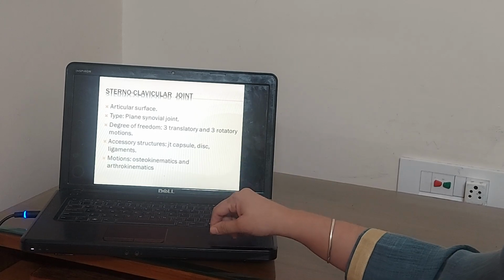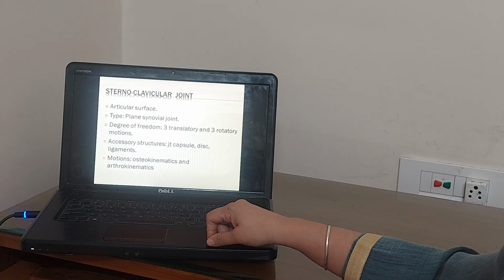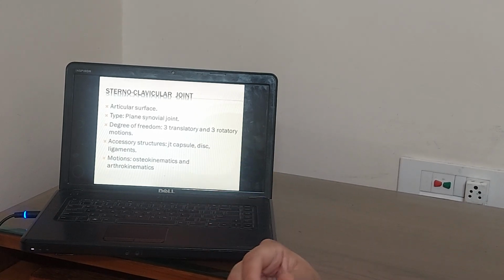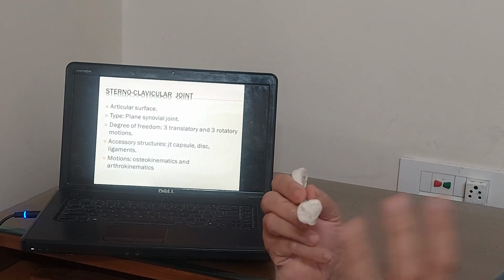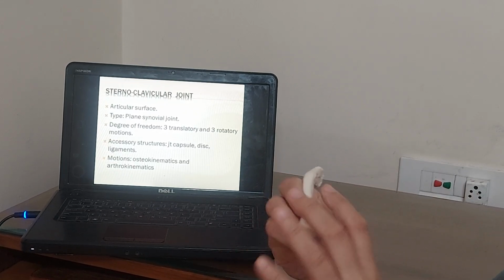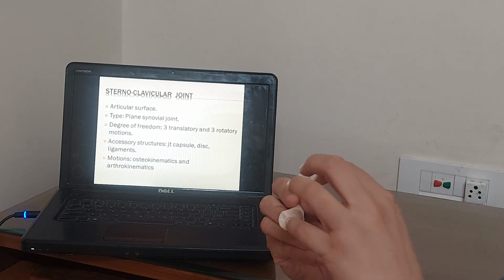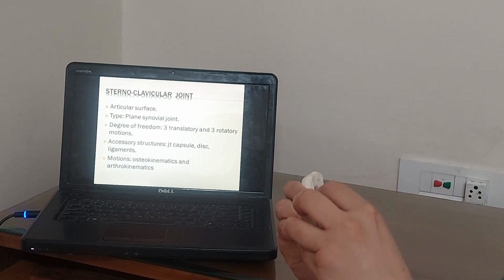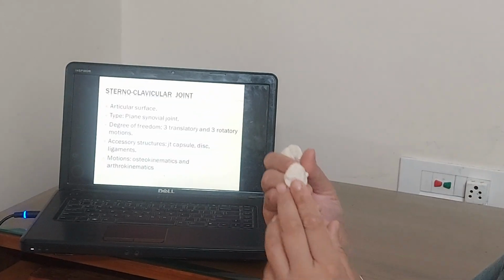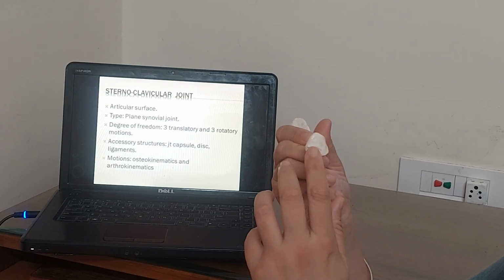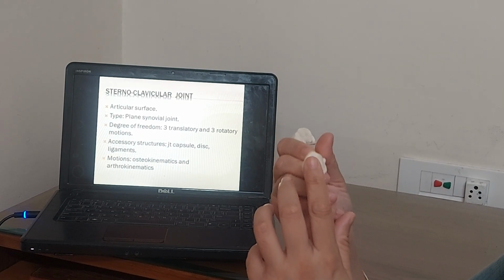It is a plane variety of a synovial joint. If you can see, this is a joint made between the clavicle and the manubrium sterni. It is formed between the medial end of the clavicle and the sternum. This surface is not smooth or flat.